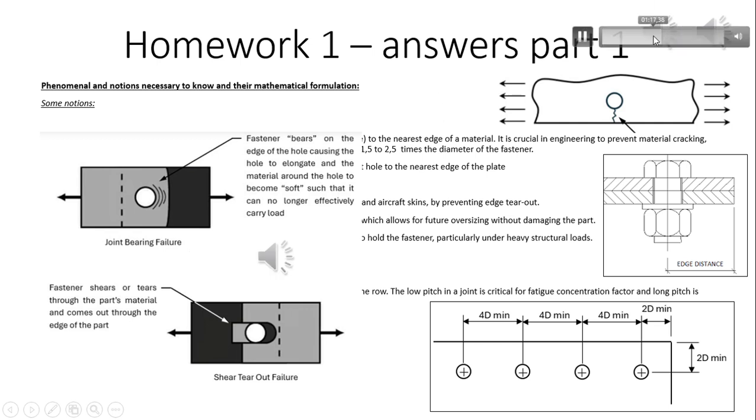As we said, in the picture, the edge distance is a critical notion, as for the joint bearing failure, as seen in this picture, or for the tear out failure.